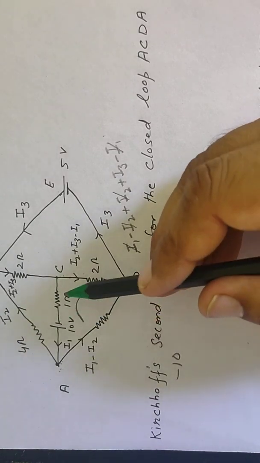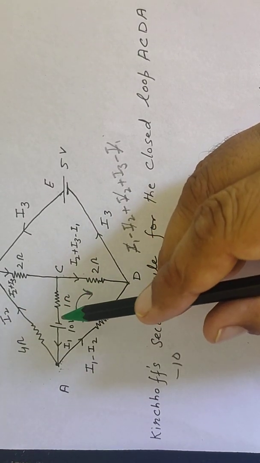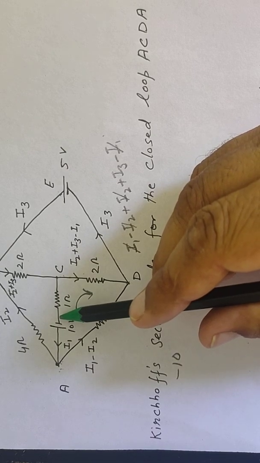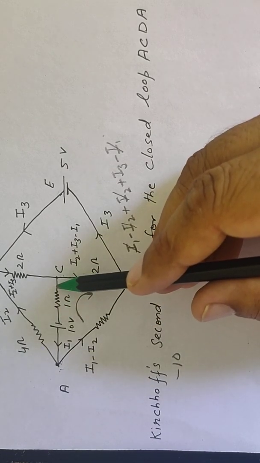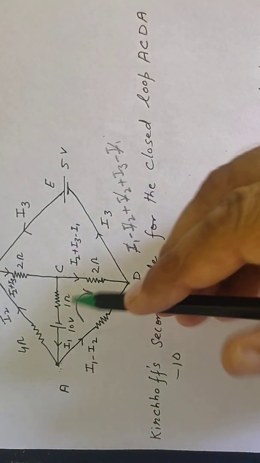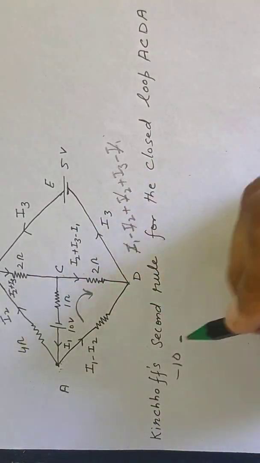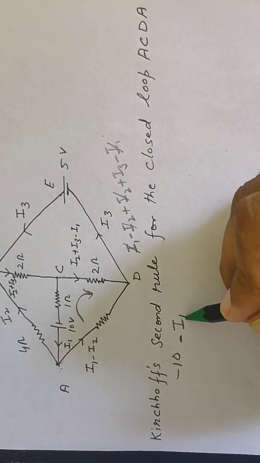And here a 1 ohm resistance is there. Here we are going from high potential to low potential, and for high to low potential we take it negative. So here we get minus I1.